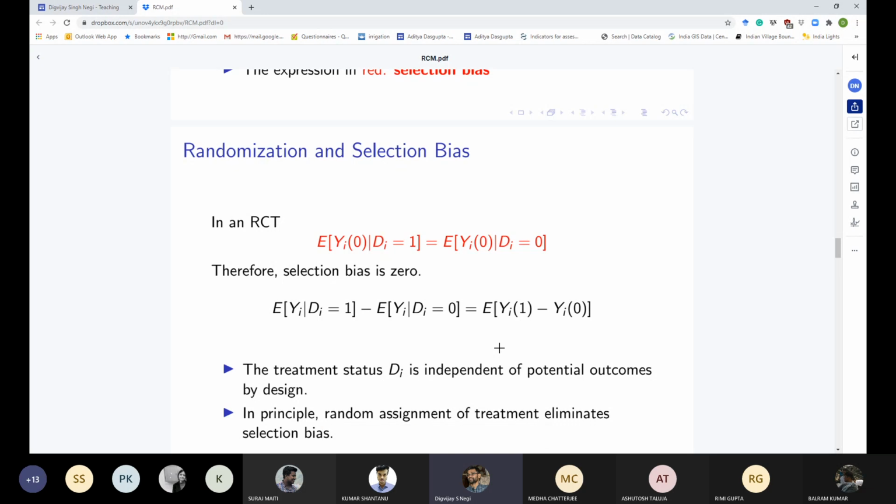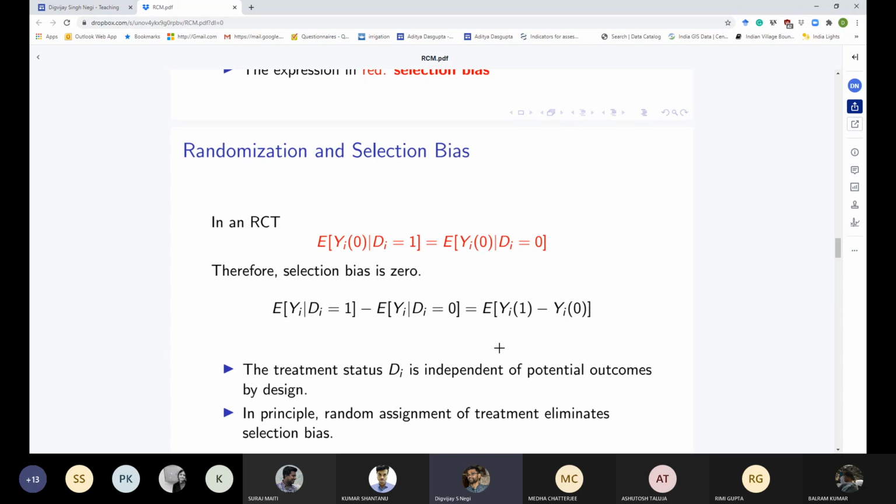If you have truly been able to conduct a randomized experiment, then to know the causal effect, the only thing you have to do is calculate the average of the outcomes of the treated group and the average of the outcomes of the control group, and the difference between those two gives you the treatment effect.